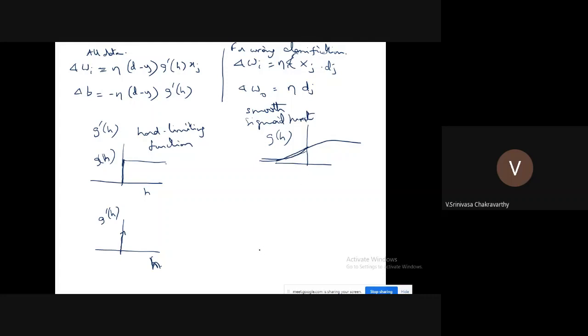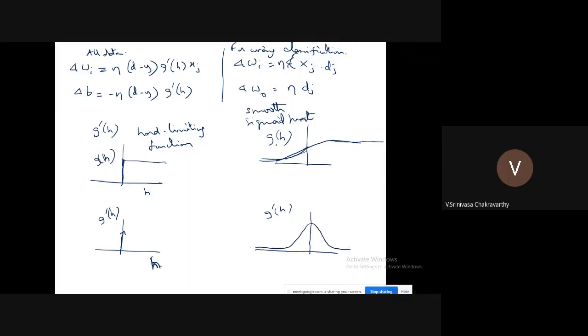When you do that, then what happens to G prime? You use a smooth function like this. So far from the origin, this function will be flat, and therefore the derivative will be zero. At the origin, there is a high derivative, which is positive. So the G prime will look something like a bell curve.